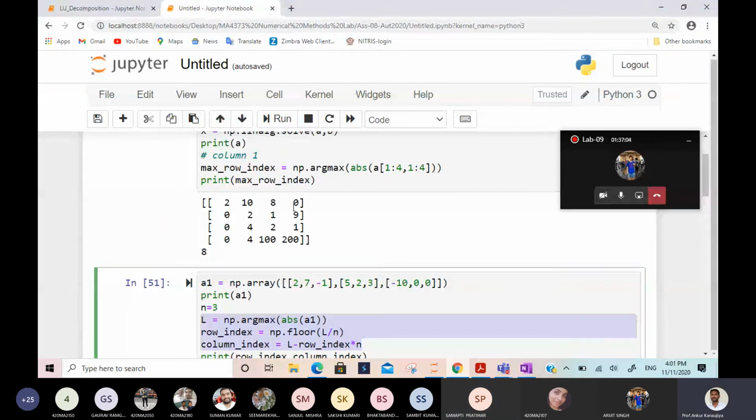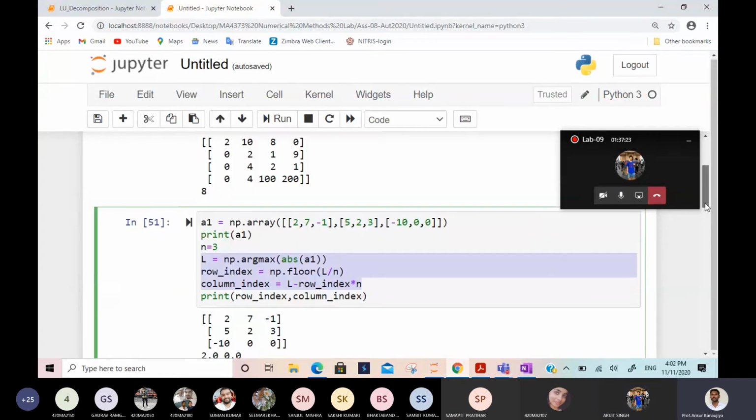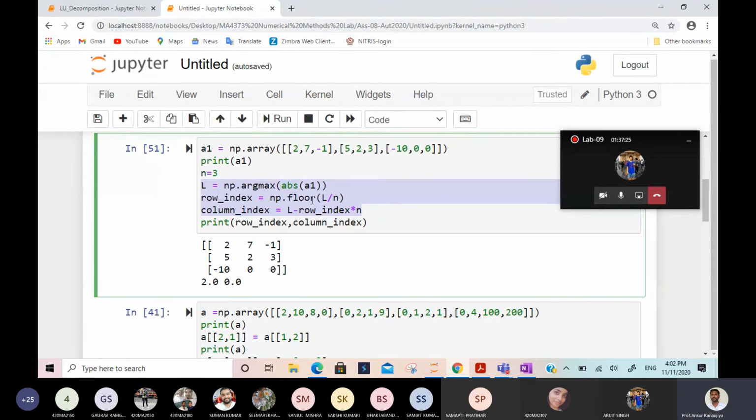Like after that, 4, 5, 6, 7: if you divide by 4 and take the integer part, it will give 1. That's why this floor function takes the integer part less than that number.